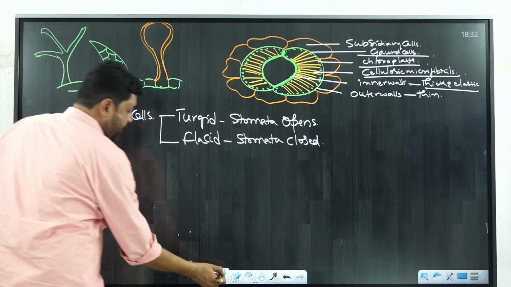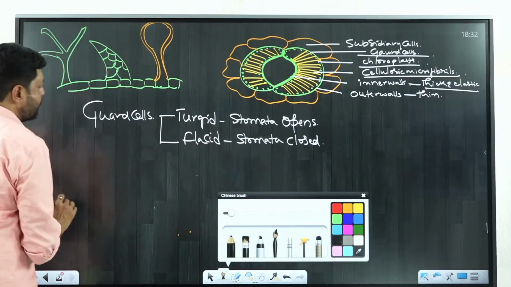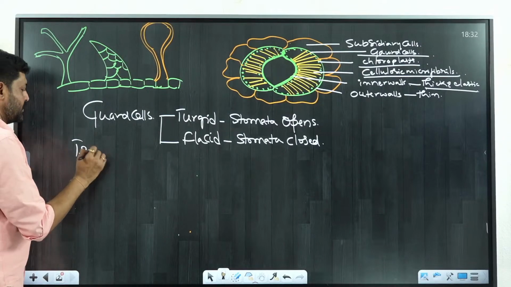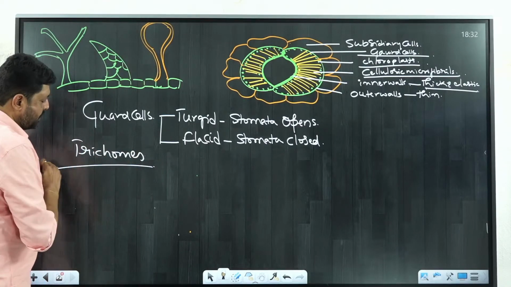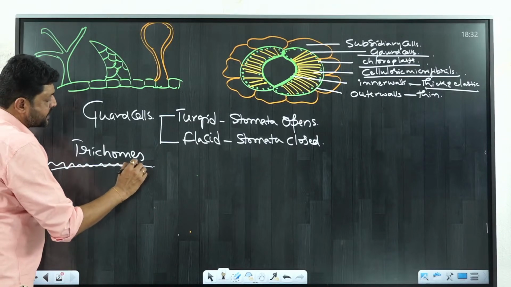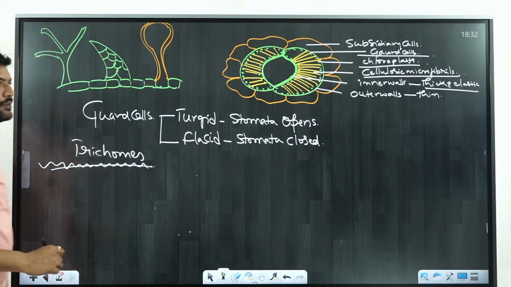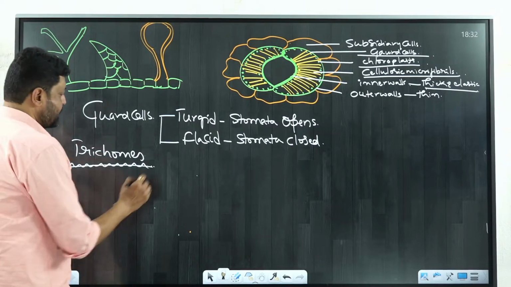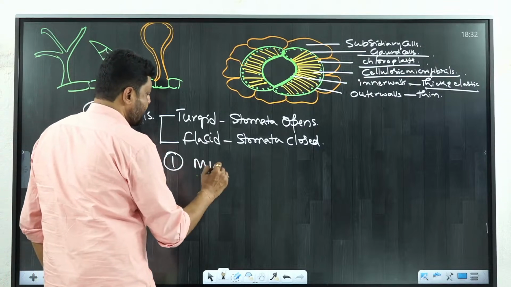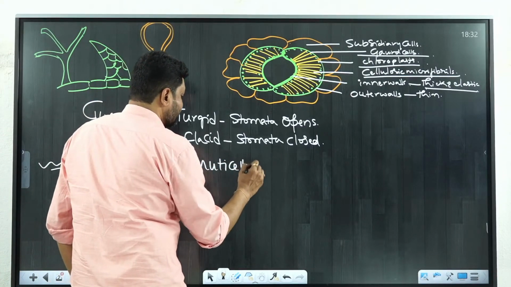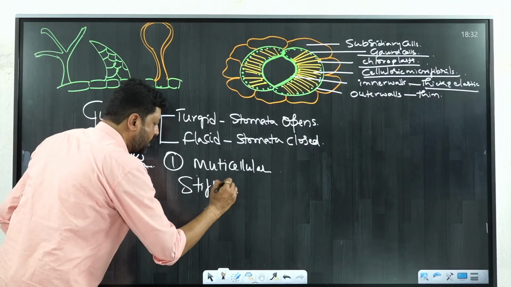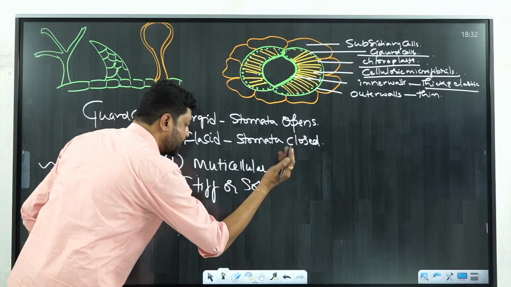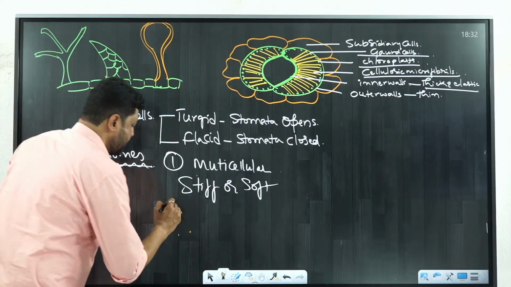So let us see what things are covered under trichomes. Let us go according to the textbook lines only. The first word is multicellular. They may be stiff or soft.